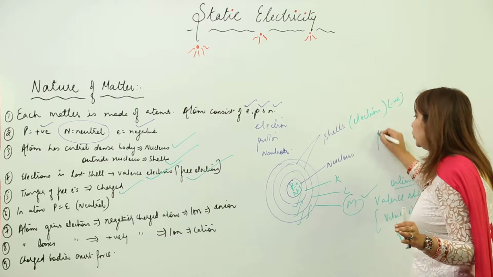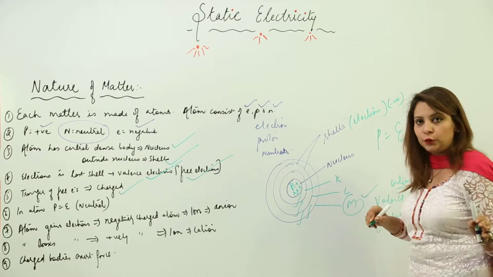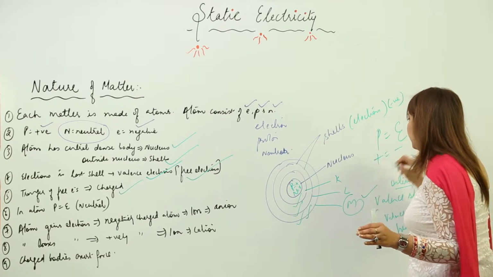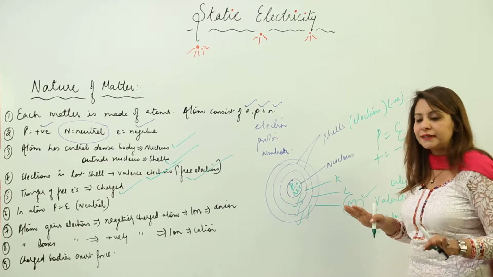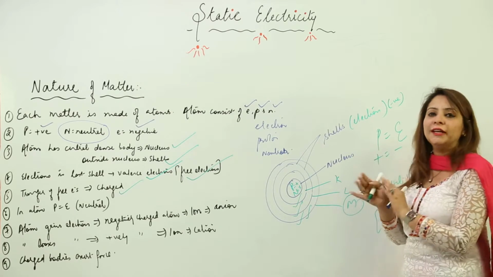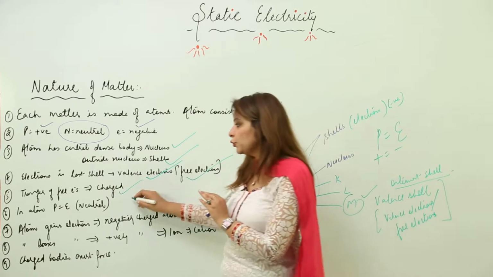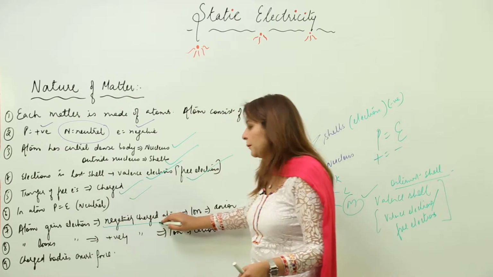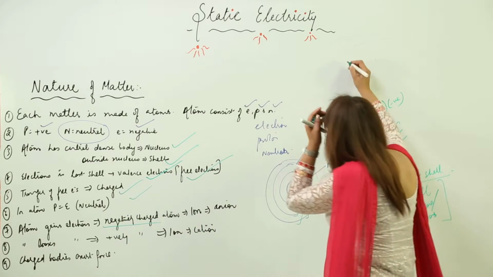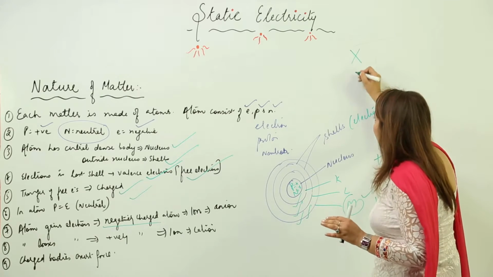Otherwise an atom is neutral, because the number of protons is equal to the number of electrons. That means the magnitude of positive charge is equal to the magnitude of negative charge. But whenever there is transfer of electrons, the atom no longer remains neutral. Suppose I have an atom that contains 11 protons and 11 electrons.